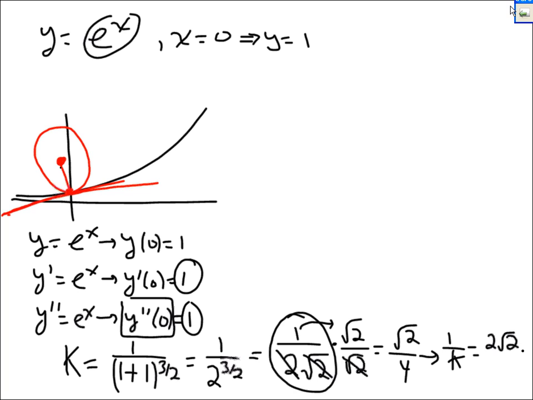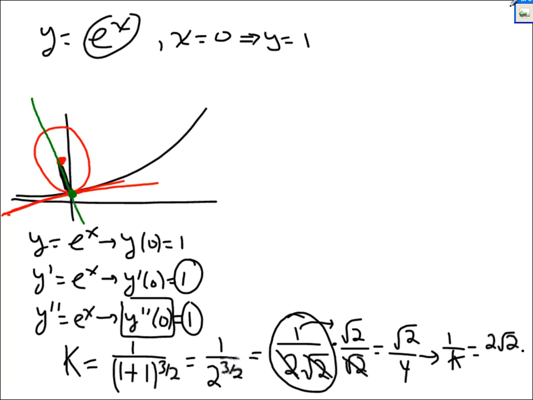That is, this line right here is 2 square root of 2 units in length. Now, I'm going to find the equation of this line.